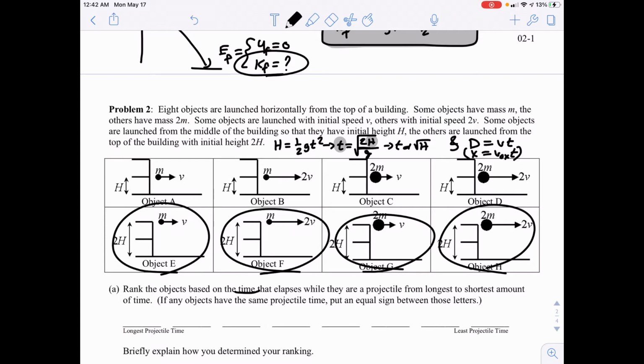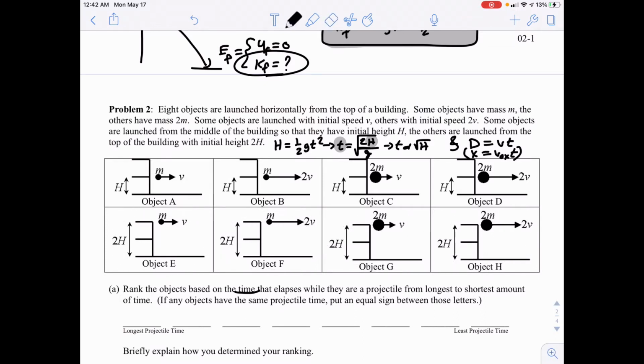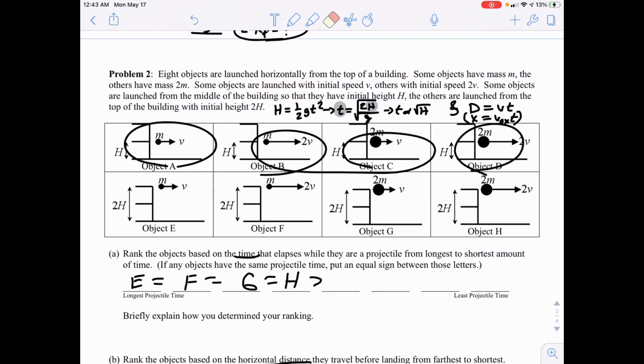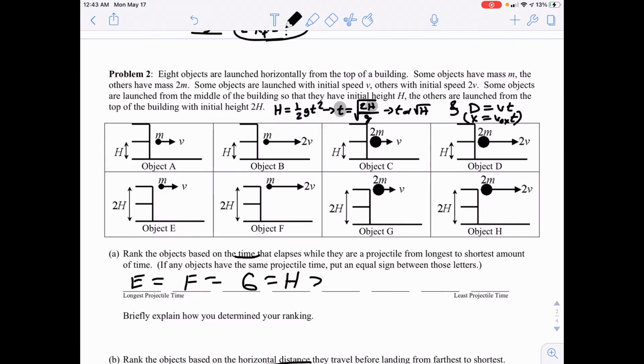Velocity doesn't matter with regards to time. So E, F, G, and H are all equal. And they're all going to be a greater time than A, B, C, and D, because A, B, C, and D, you can see, are all dropped from height H rather than height 2H.